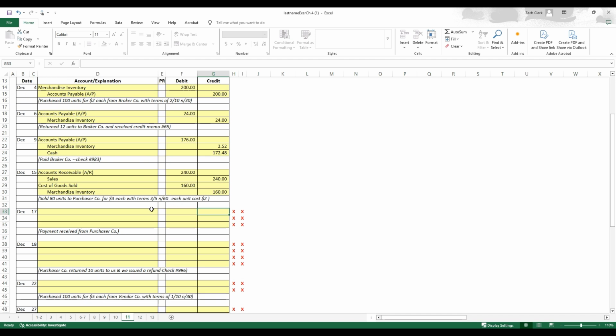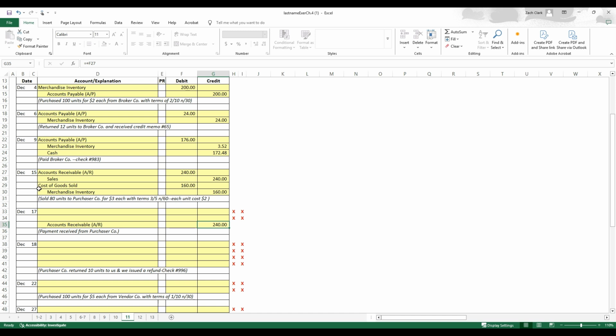Okay, that's good. And then we received the payment 2 days later, and they had 5 days to pay us to get a discount. So they are getting a discount. So again, let's reduce our receivable 100% to start, which was just $240.